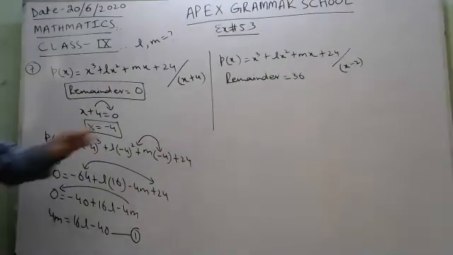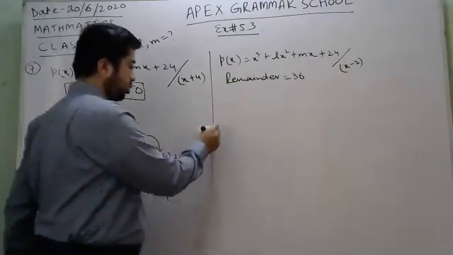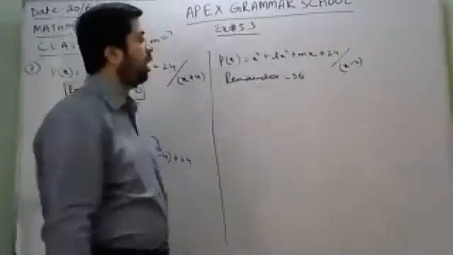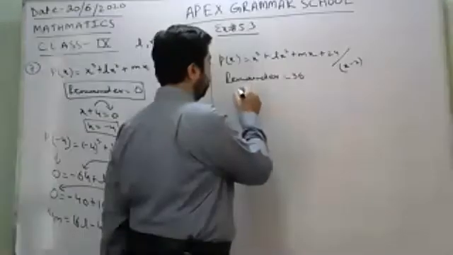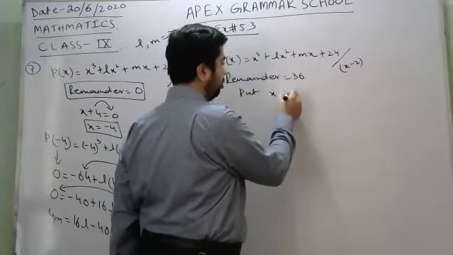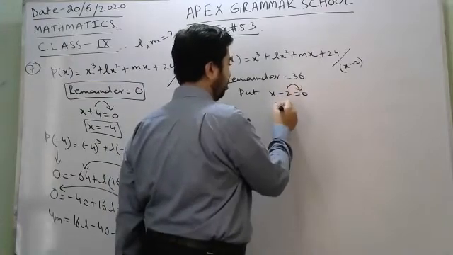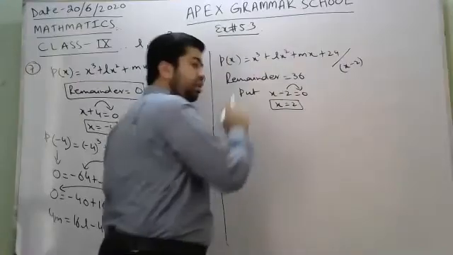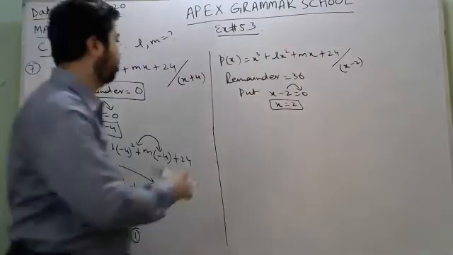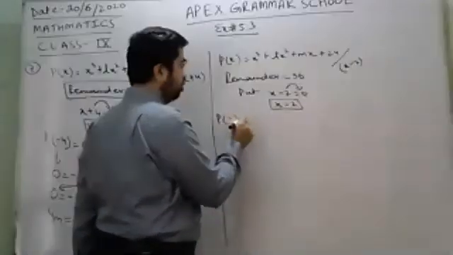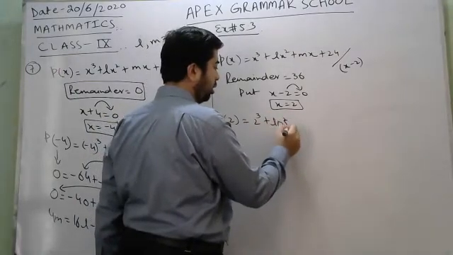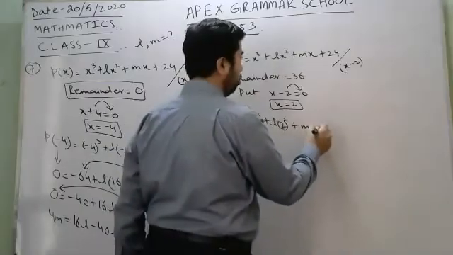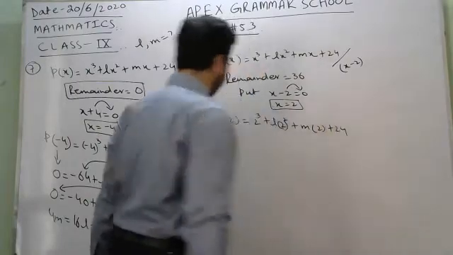Now for this situation, again apply the 0 method to this divisor, x minus 2. Put x minus 2 equal to 0, then we get the value of x equal to 2, and put it inside this polynomial. We will have p of 2 is equal to 2 cube plus L into 2 square plus M into 2 plus 24.